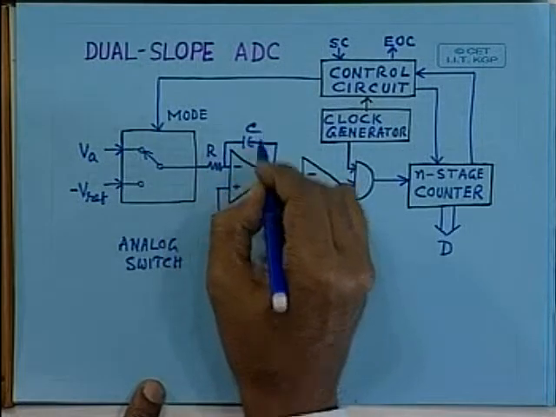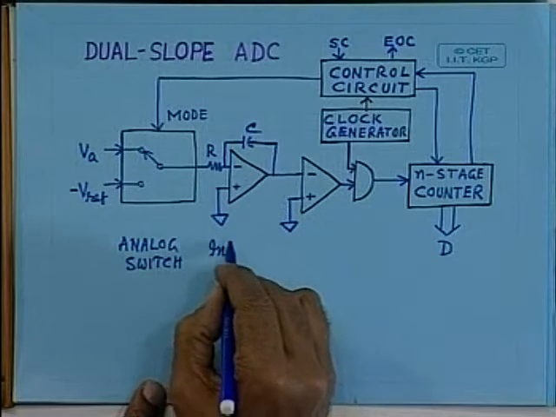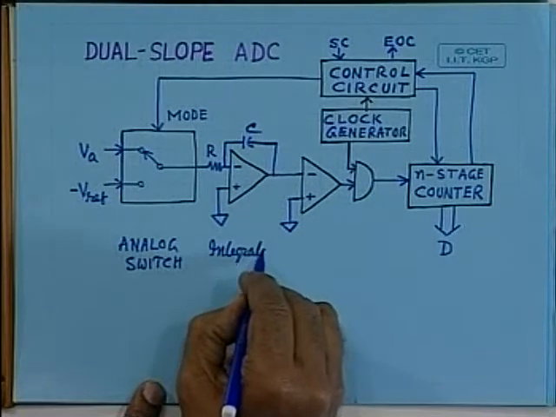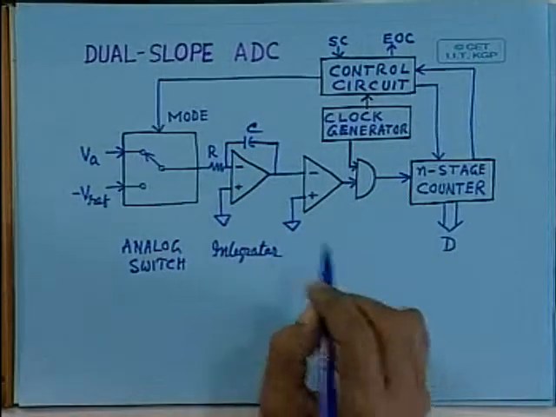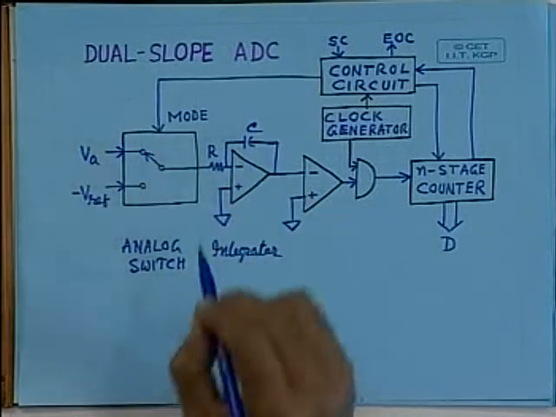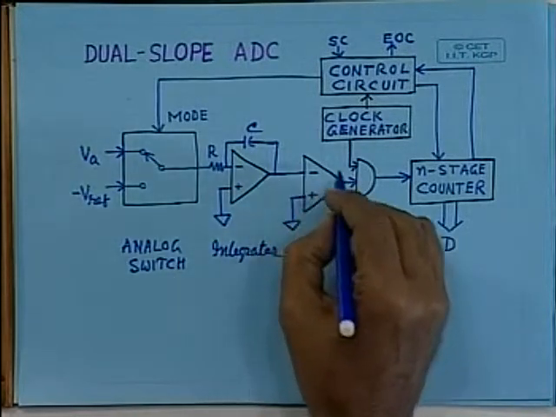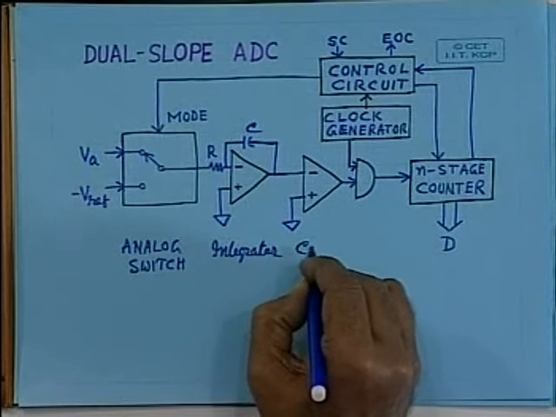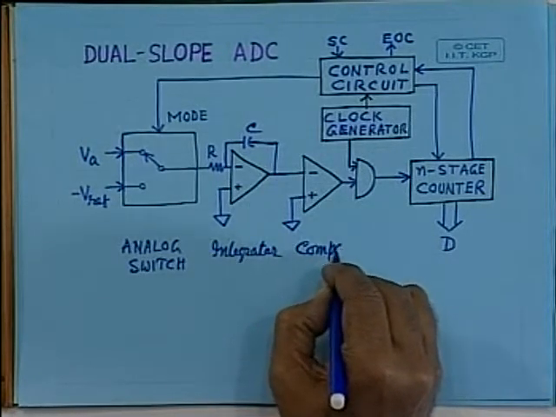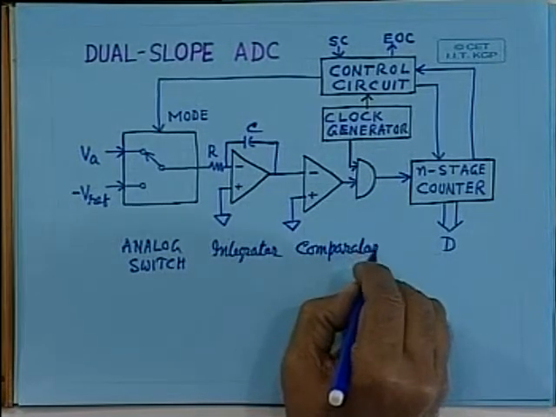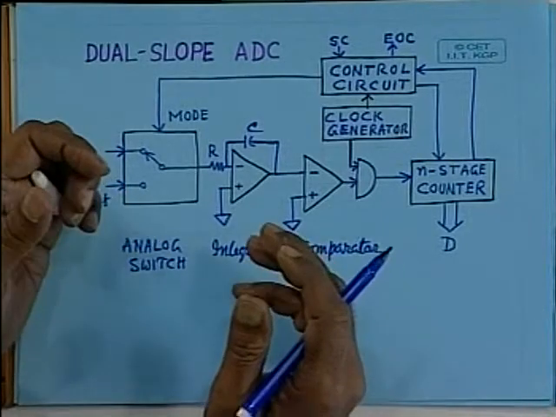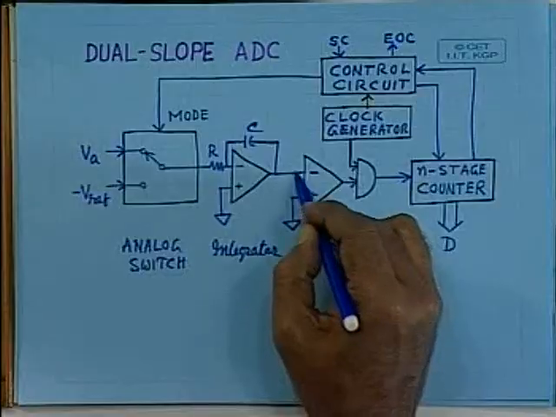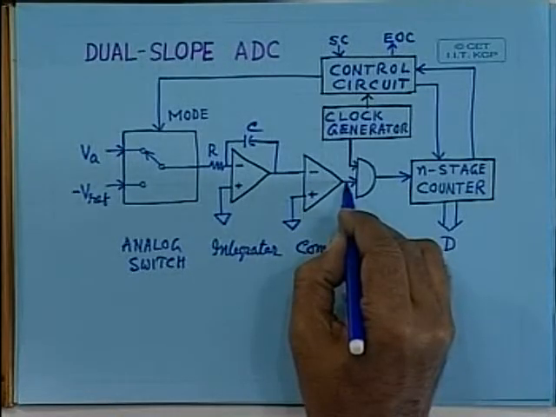The second building block you will be able to recognize. This is the integrator, as you already know. R and C decide the time constant of the integrator, and this is a comparator. A comparator can be considered half digital, half analog, because the input is analog but the output is digital.